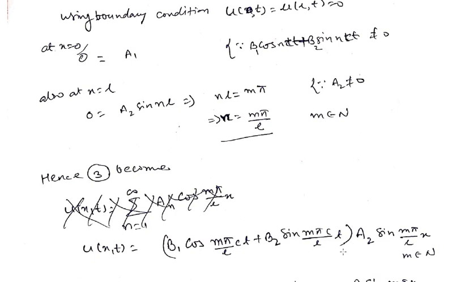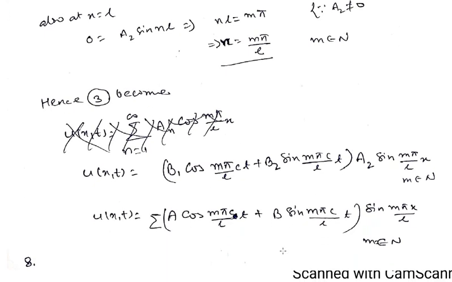Now a2, b1 and b2 are arbitrary constants, so it can be written as a summation, where a is a2 times b1, and b is b2 times a2.